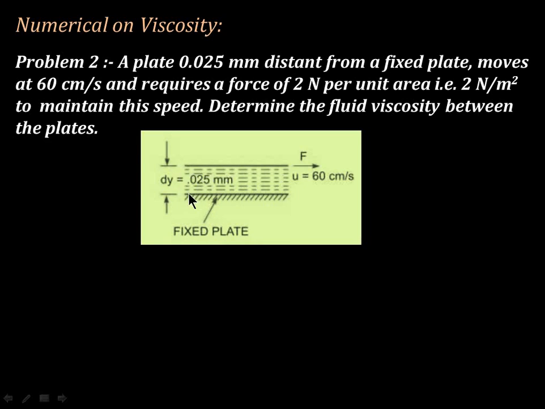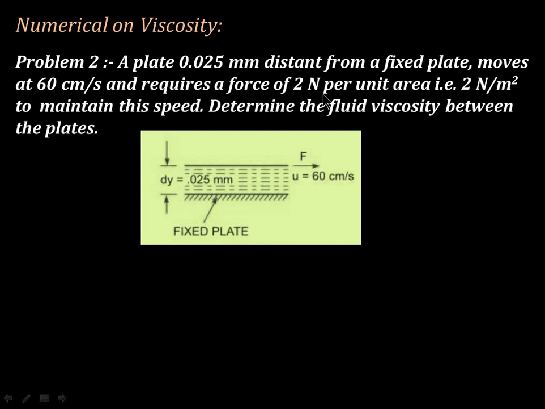So the distance between the fixed plate and the other plate is 0.025 mm. It moves at 60 centimeter per second. So this plate is able to move at a speed of 60 centimeter per second, represented in the diagram as u equal to 60 centimeter per second.